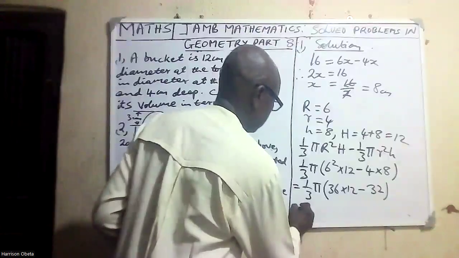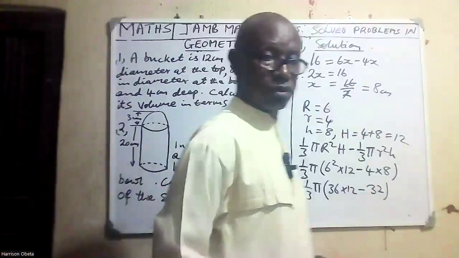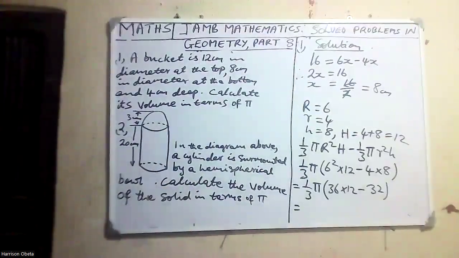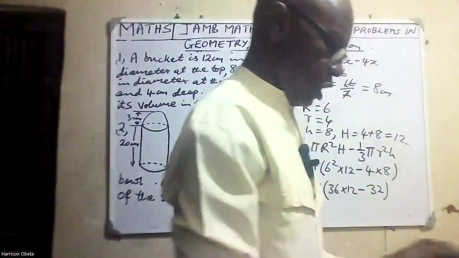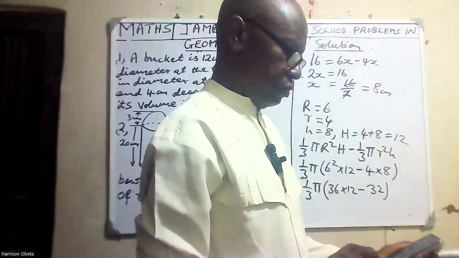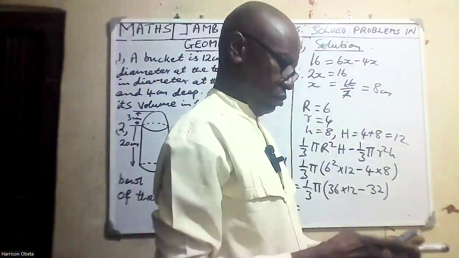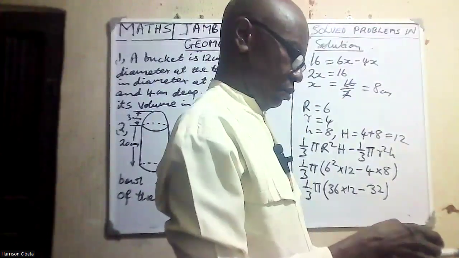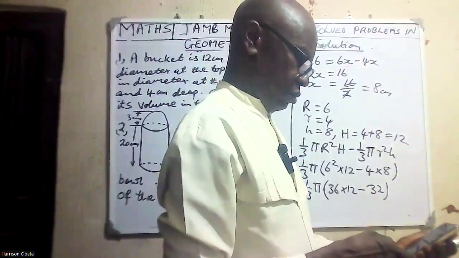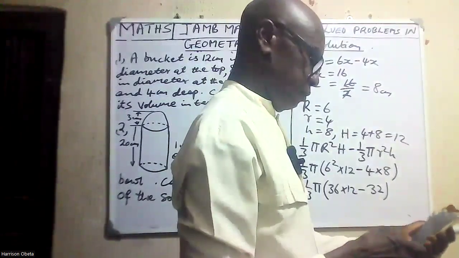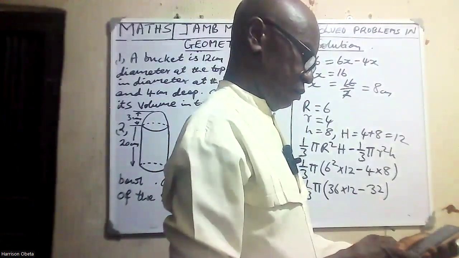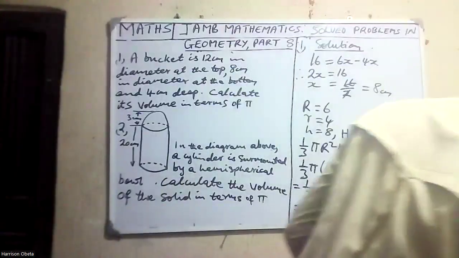And then moving on, we multiply out, using our calculator. That will give us 432.